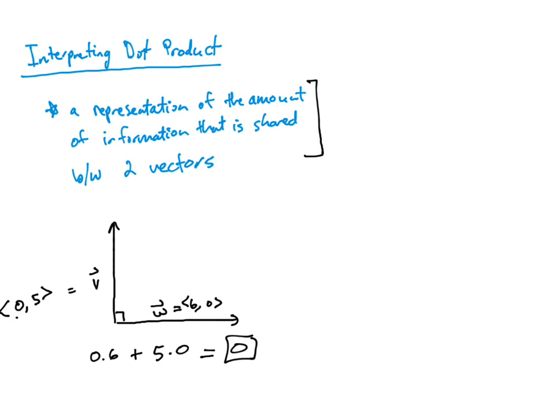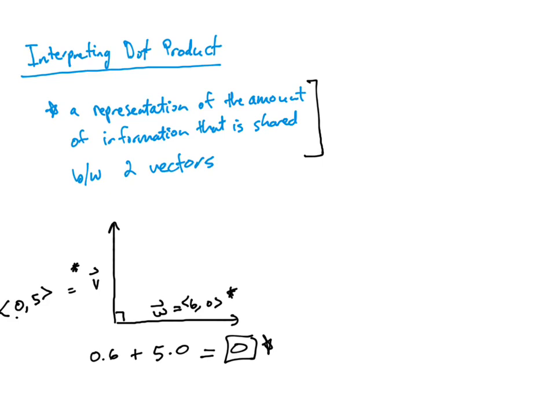Vector w is moving entirely in the positive x direction. So between x and y, there's no overlap. There's nothing from vector w that's going in the y direction. There's nothing in vector v that's going in the x direction. So this 0 here is telling us, well, there's like no overlap in how these two vectors are moving.